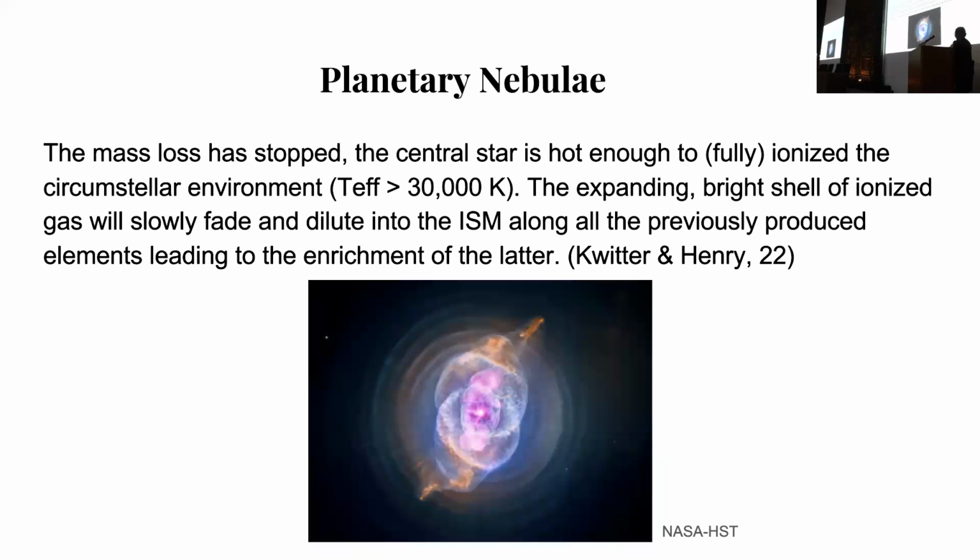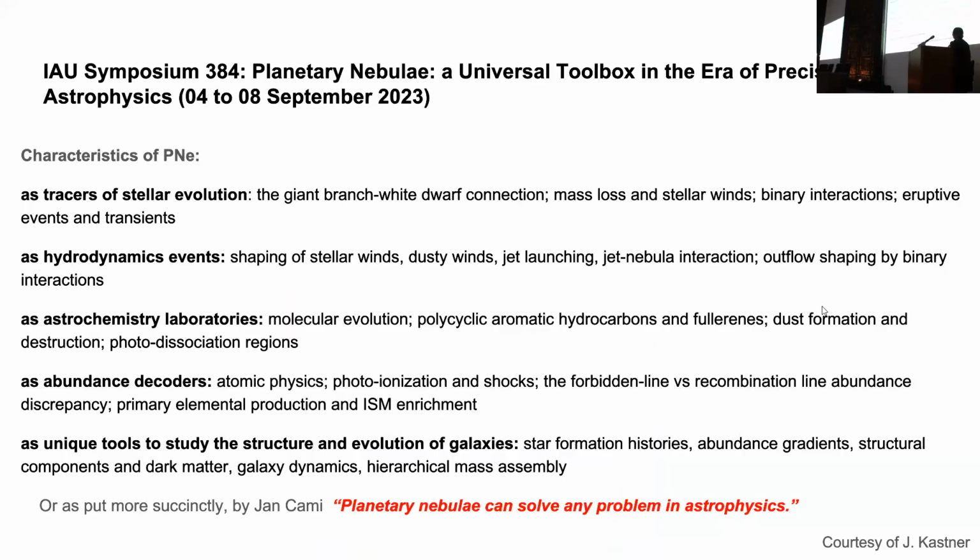If you want a good review on the evolution of planetary nebulae, I suggest the one by Kwitter and Henry in 2022. Coincidentally, a couple of months ago, there was the IAU 385, the IAU symposium on planetary nebulae.